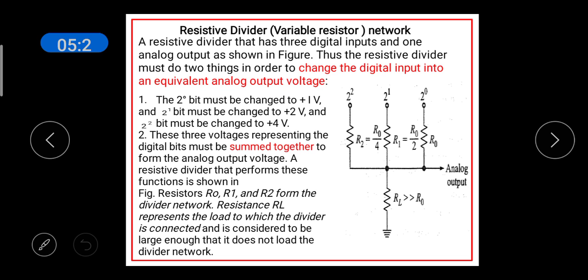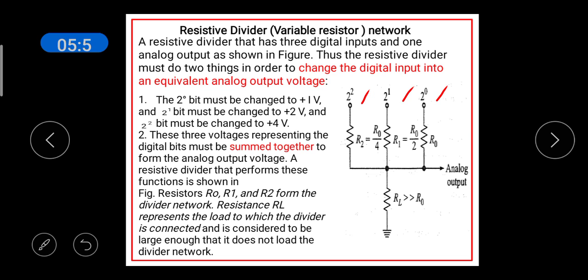The 2 power 0 bit must be changed to plus 1 volt. 2 power 1 bit must be changed to plus 2 volt. And 2 power 2 bit must be changed to plus 4 volt. These three voltages representing the digital bits must be summed together to form the analog output voltage.